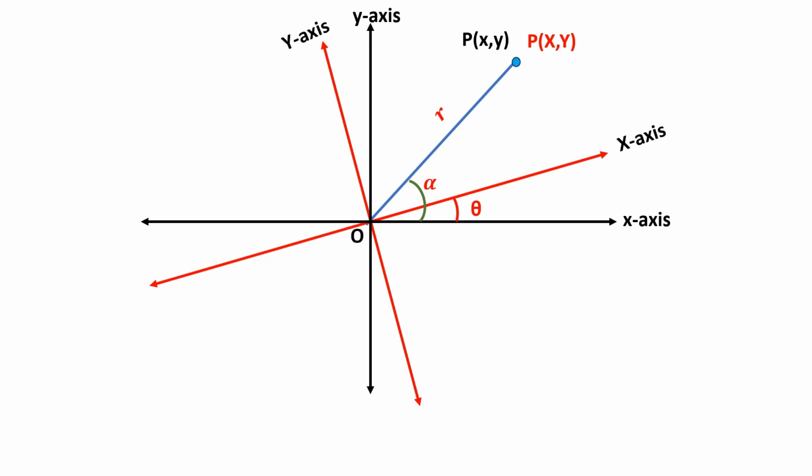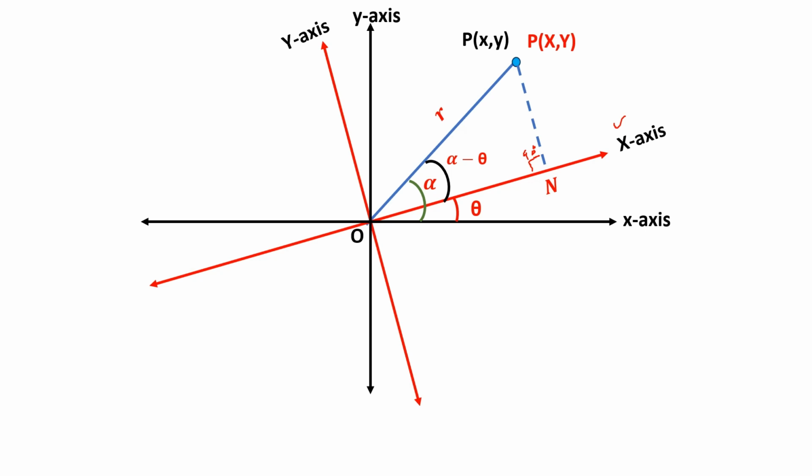Now we come to the rotated set of axes. The line OP makes an angle alpha minus theta with the capital X-axis, which is the rotated position of the small x-axis. We draw a perpendicular PN from P on the capital X-axis. So OPN is a right triangle.